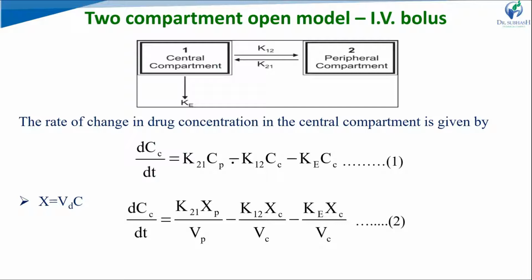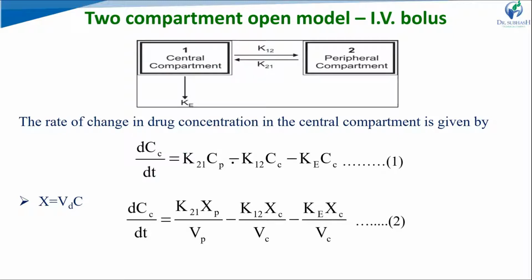Here K12 and K21 are the first order distribution rate constants describing transfer between the central and peripheral compartments. K12 is transfer from central to peripheral, and K21 is transfer from peripheral to central. C for the central compartment and P for the peripheral compartment, so Cc and Cp.